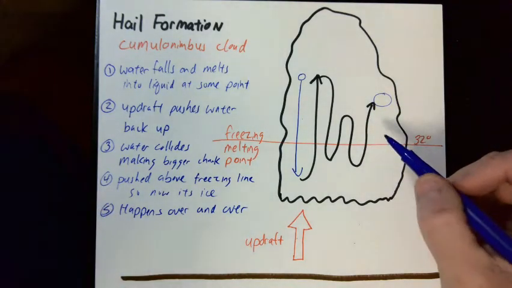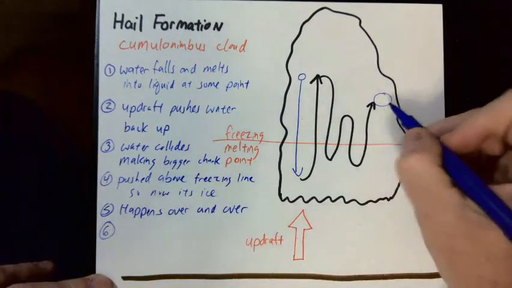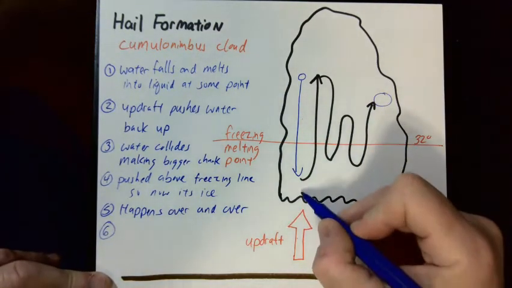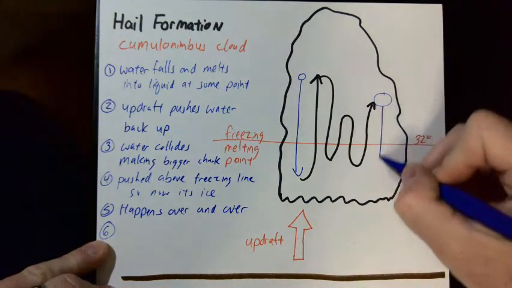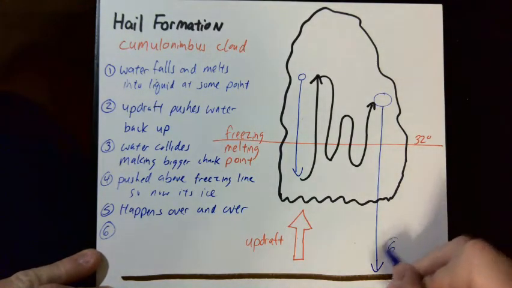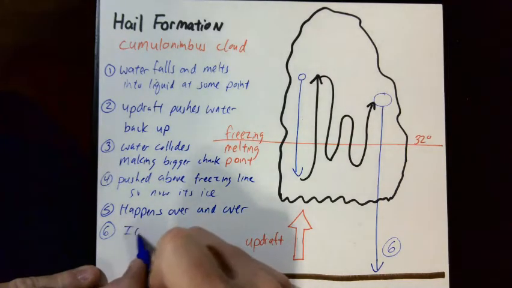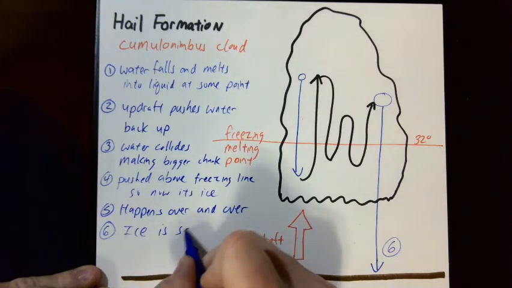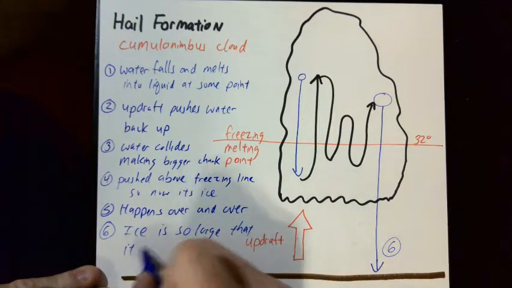Now, at some point, the ice gets too big, or the updrafts start to die down. And that's what happens here. Kind of the last step of my hail formation. The ice is so large that it falls to the ground.